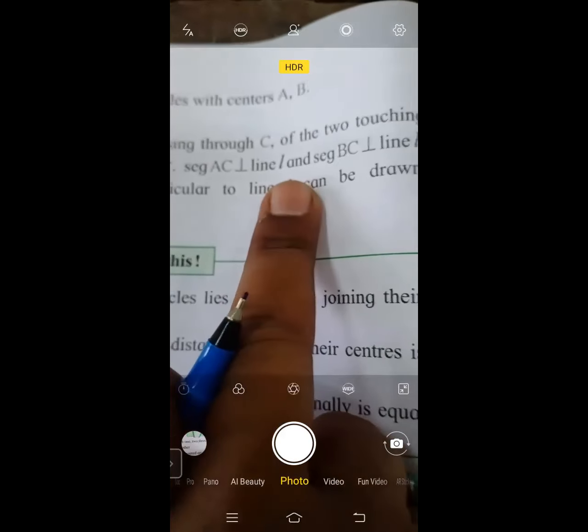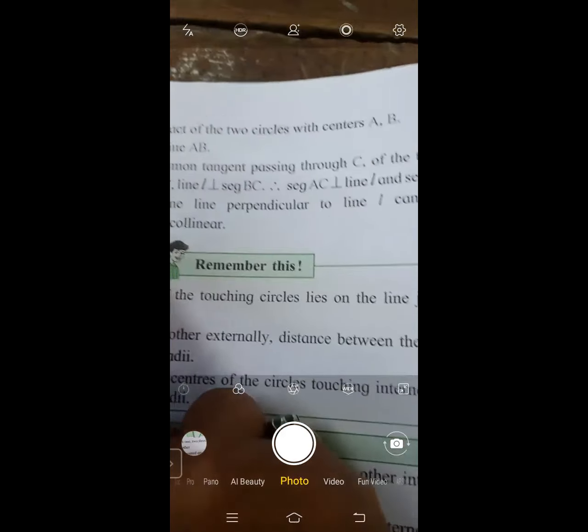So segment AC is perpendicular to line L, segment BC is perpendicular to line L.